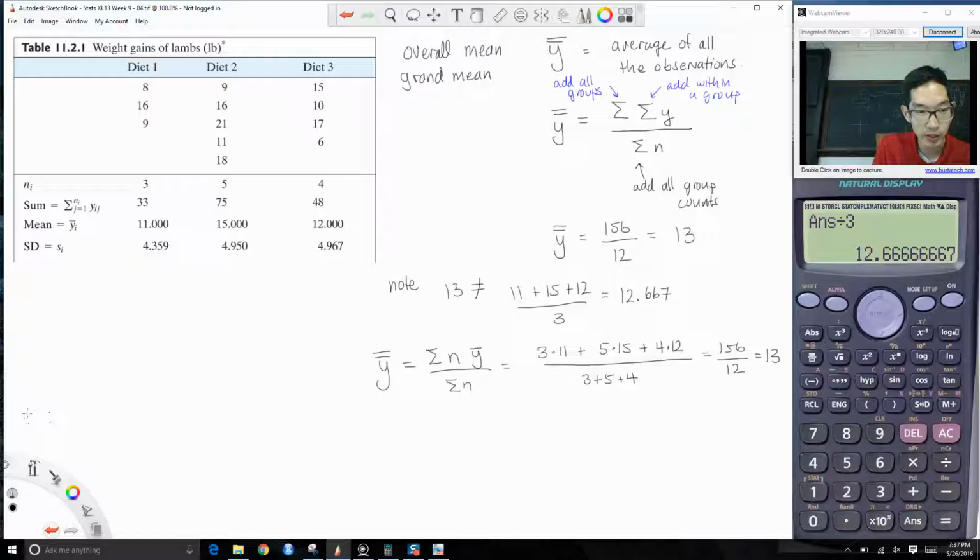So in ANOVA, we look at the total variance in the group, and we try to break it apart.